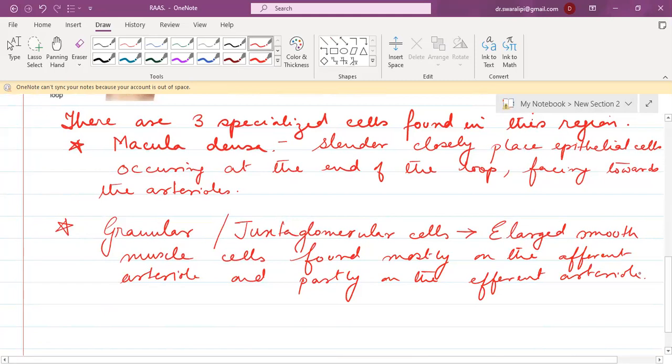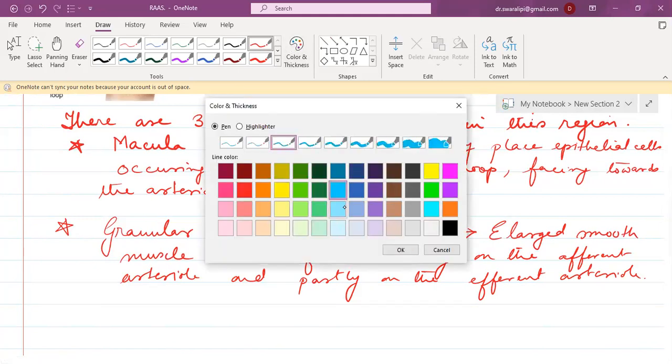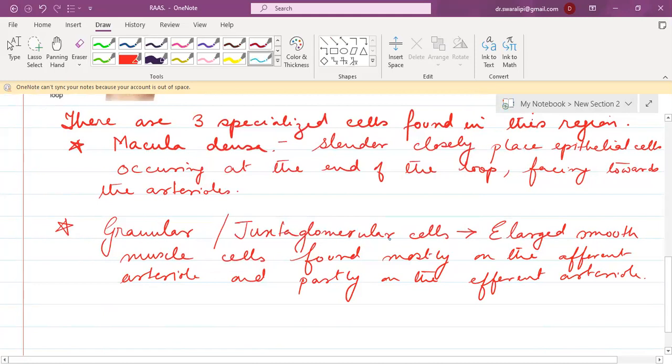the granular cells, when they are stimulated by the macula densa, then they will be secreting renin. Okay, so I'm writing the function with a different color. As I've told you, what is the function of the macula densa?